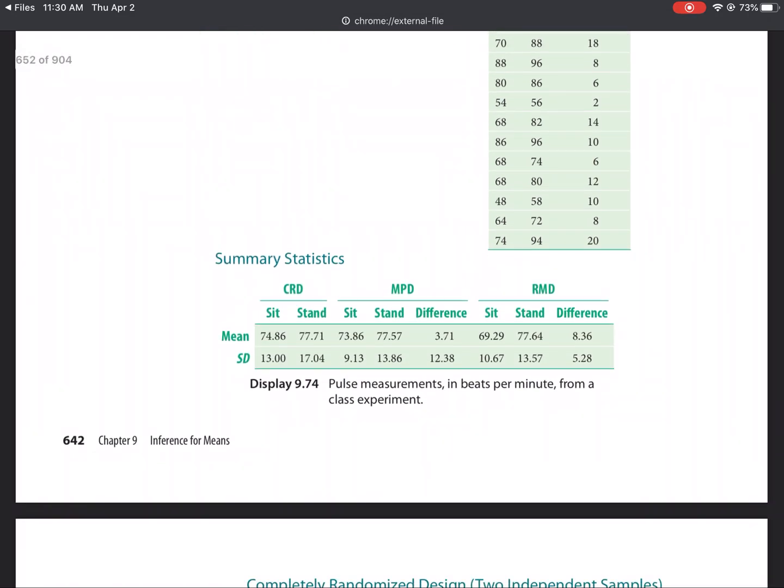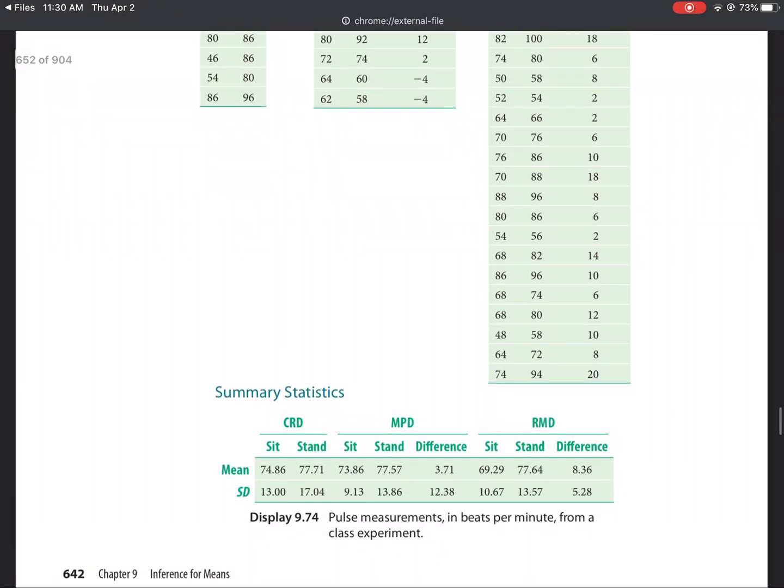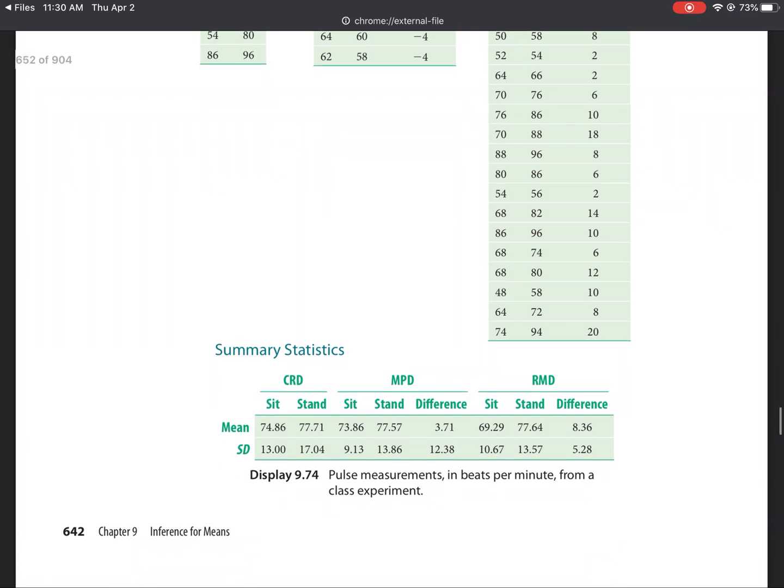So down below are the summary statistics for each. You can look at those summary statistics, and you could try to run an analysis on these using, in the case of a completely random design, a 2-sample test, or in the case of the matched pairs design or the repeated measure design, we can use what's going to be known as a paired observation test.